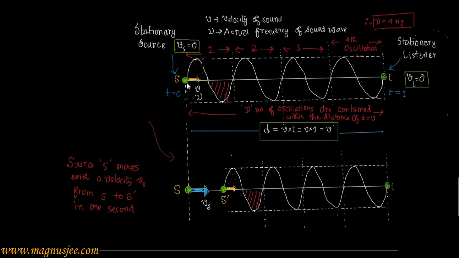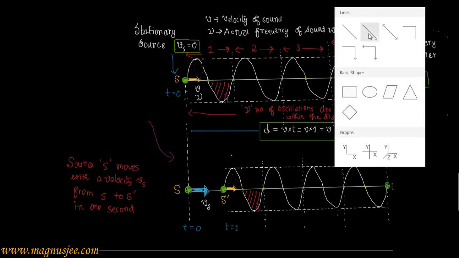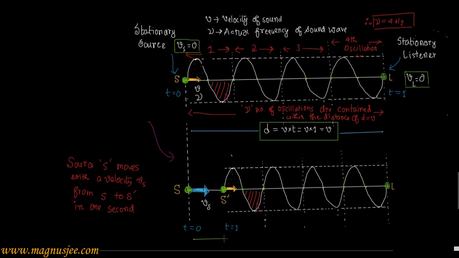That's why at S, t equals 0 seconds, and at S prime, t equals 1 second, and the distance traveled by the source from S to S prime will be equal to vs, because the interval of time between S and S prime is 1 second. That's why the distance traveled by the source of sound will be vs between S and S prime.